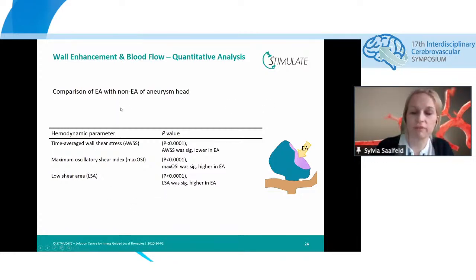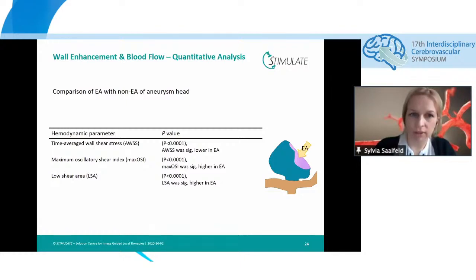Now we found out that the time averaged wall shear stress was statistically significantly lower in these enhanced areas compared to the non-enhanced areas of the aneurysm head, and the low shear area and the maximum OSI values were higher in the enhanced area compared to the non-enhanced area of the aneurysm head. So this was pretty nice. And this was also reflected by other findings.